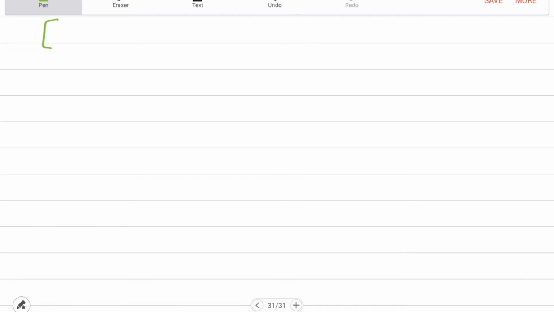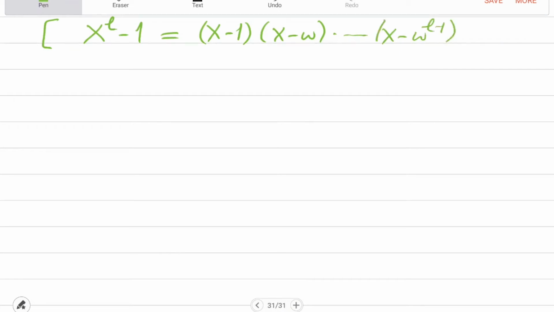The polynomial x to the L minus 1 has factors, or roots. This is the factorization over the complex numbers of x to the L minus 1. What is the coefficient of x to the L minus 1 in the above?